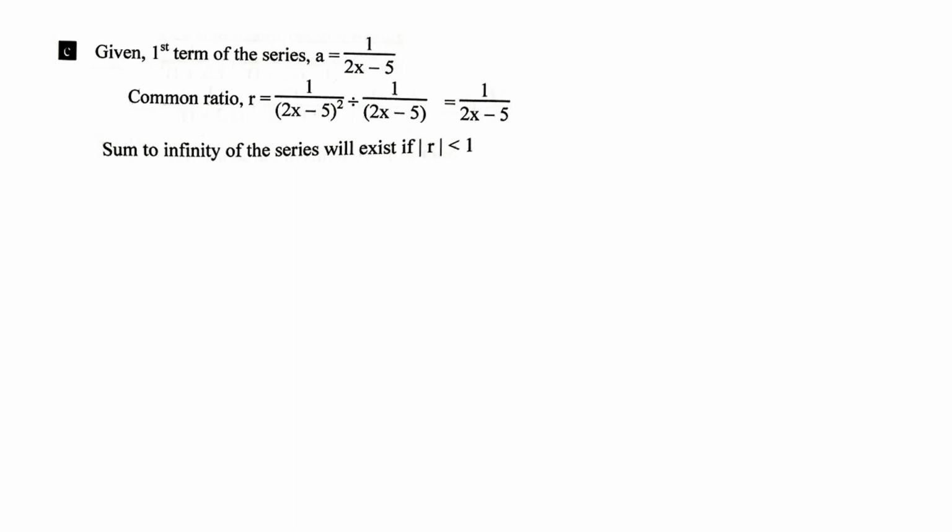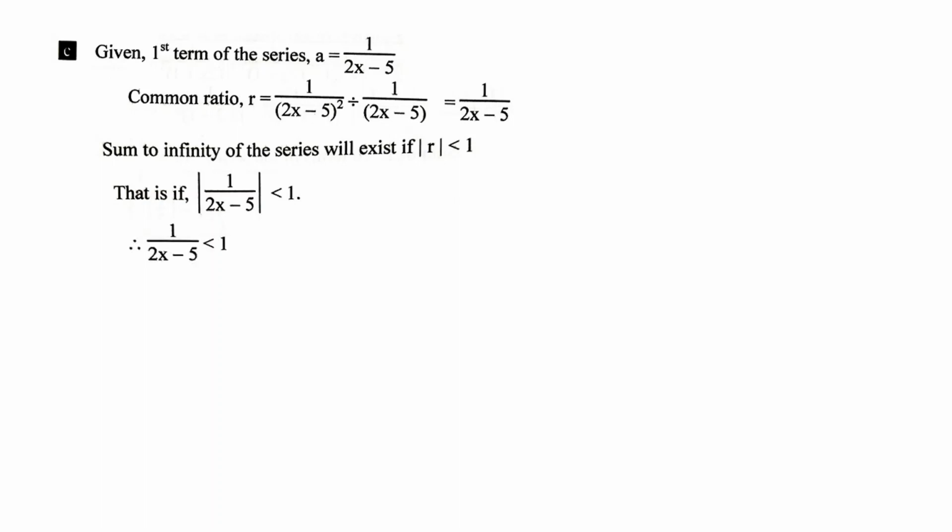Sum to infinity of the series will exist if the modulus of r is less than 1, and I discussed it earlier. That is, the value of r equals 1/(2x-5). Therefore, modulus of 1/(2x-5) is less than 1.